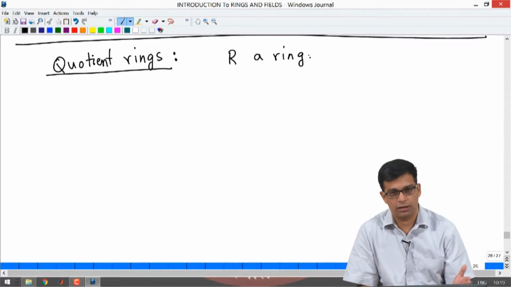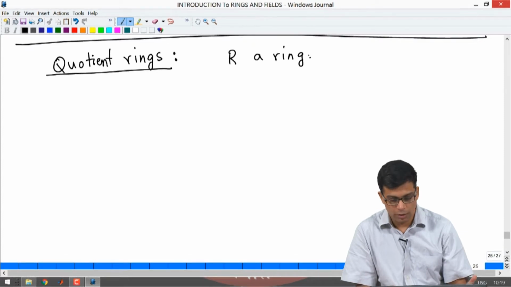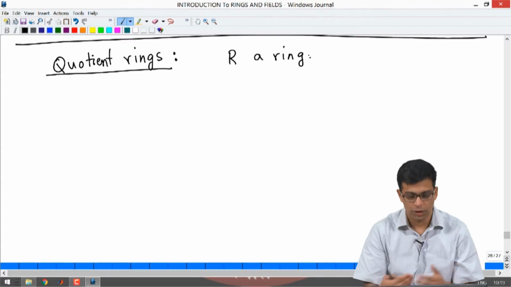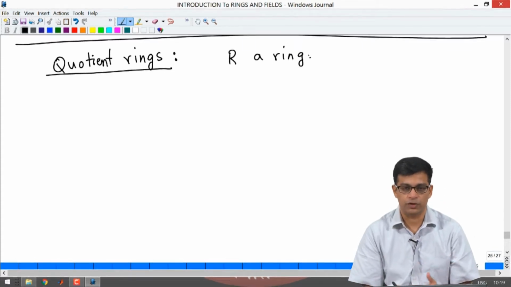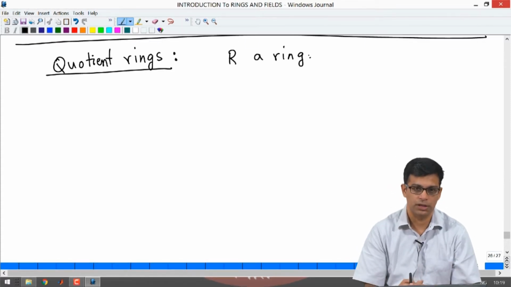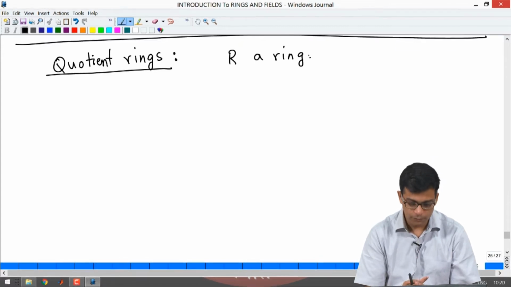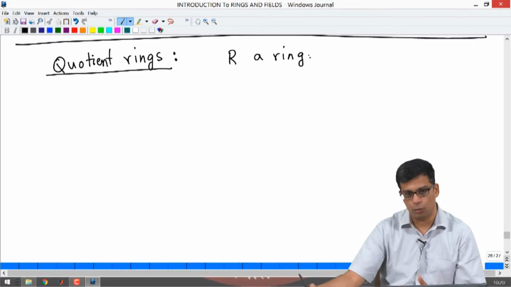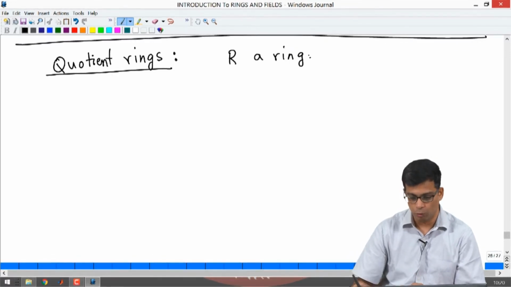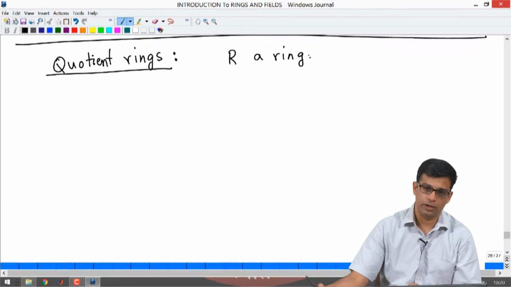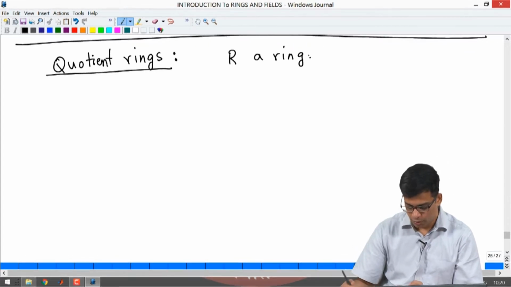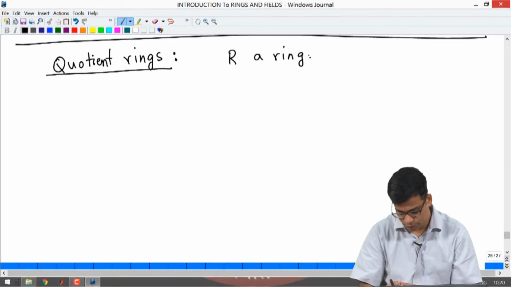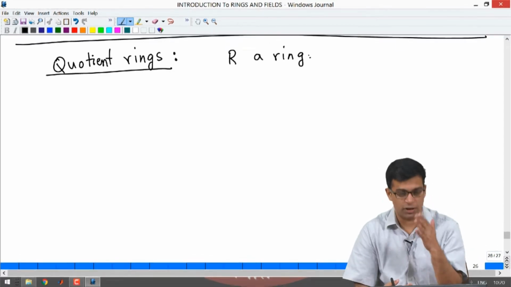We will first consider the additive group R. If R is a ring, remember under addition it is an abelian group. Because it is abelian, we do not need to specifically ask for normal subgroups because every subgroup is normal. So, now we want to consider subgroups of the additive group of R and take the quotient group, but in order to give a ring structure to the quotient we need additional properties on that subgroup we started with, and that simply happens to be the ideals.